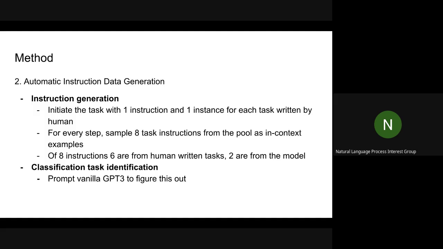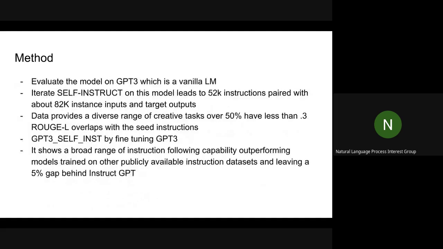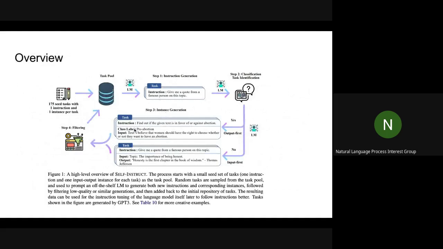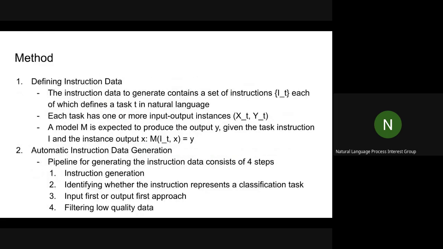So what you could see in this example in the diagram is that they provide it with the label already, and then it generates something that would have given you that label. Does that make sense? So they're just kind of flipping this. In the instruction data, instead of the model taking the instruction and the input, it's taking the instruction and the label and then generating the input that would have generated that label.